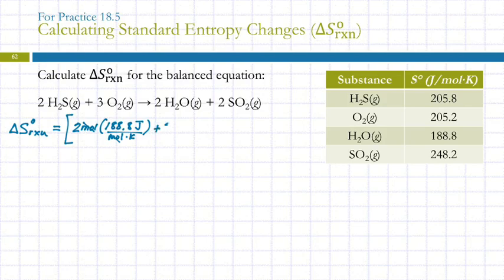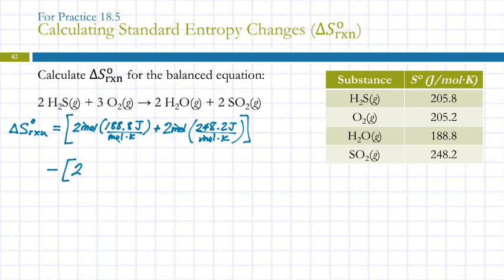And then I also have 2 moles of sulfur dioxide. So I'm going to multiply by the standard molar entropy for that, 248.2 joules per mole Kelvin. Again, the moles cancel out. Products minus reactants. So then I'm subtracting the reactants.